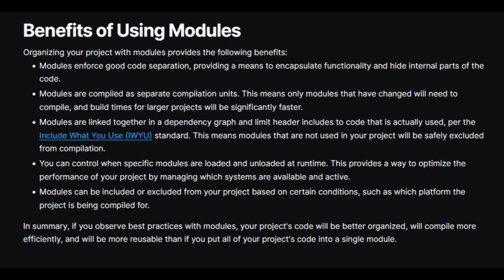Now, modules themselves, as already mentioned, are broken down into several different types. There are runtime modules, which contain code that is executed by the game itself. So that's like through play in editor, the code is getting executed, or if you do a build and you run the resultant executable file.